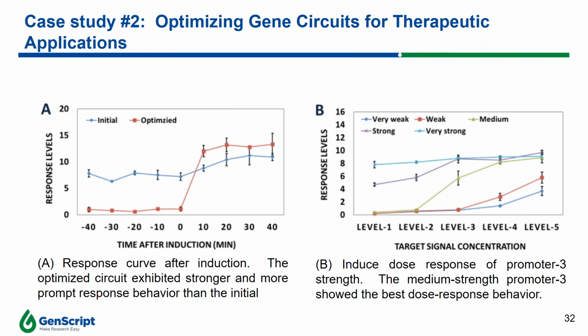And the results showed that the optimized circuit exhibited a stronger and more prompt response behavior than the initial. The results on the right panel show the induced dose response of the promoter 3 strength. And the results show that, as shown in the green color line, the medium strength of promoter 3 demonstrated the best dose response behavior.